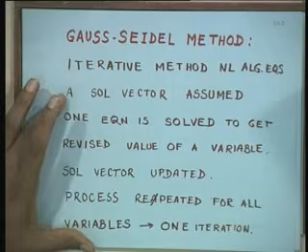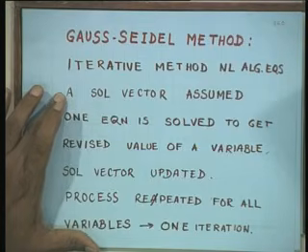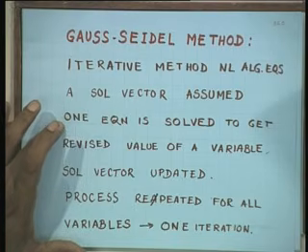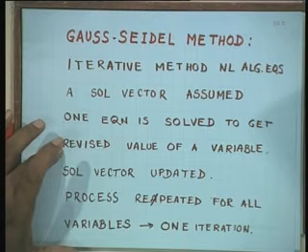Suppose you select this Gauss-Seidel, then any numerical technique you may select, you have to assume the initial solution vector, the starting point, because it is not known to you. So, a solution vector is assumed and one equation is solved to get a revised value of a variable.